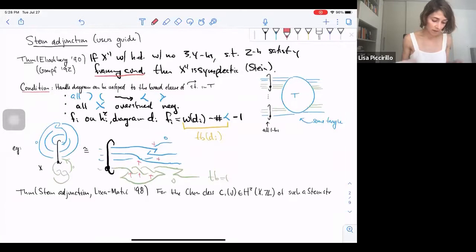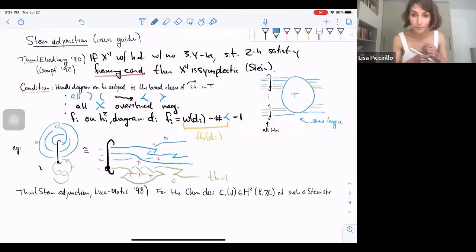So it looks like the Thurston-Bennequin number is 2 right now, but you can add an extra zigzag to bring it down to where we need to be. Any questions so far just about the statement of the framing condition or putting our example into that form?